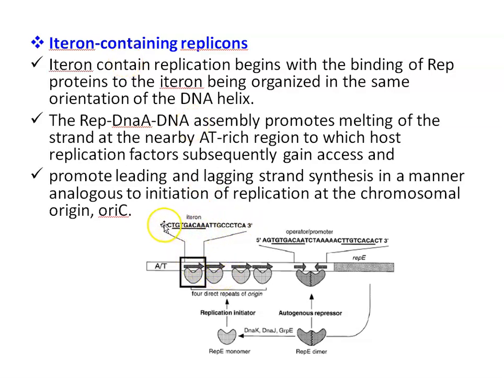Just look at this diagram. This is iteron, 5' end and 3' end. This replication begins with the binding of rep protein to the iterons, organized in the same direction of the DNA helix, and by binding to the DnaA boxes in the replicon, the rep-DnaA assembly promotes melting of strand at the nearby AT region, to which host replication factors subsequently gain access and promote leading and lagging strand synthesis in a manner analogous to the initiation of replication at the chromosomal origin.